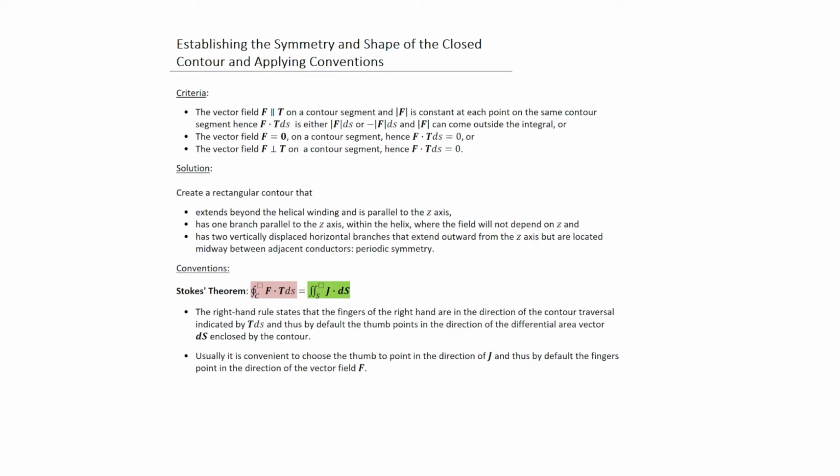The right-hand rule states that the fingers of the right hand are in the direction of the contour traversal, indicated by T dS. And thus, by default, the thumb points in the direction of the differential area vector dS enclosed by the contour. Usually it is convenient to choose the thumb to point in the direction of J, and thus by default the fingers point in the direction of the vector field F.